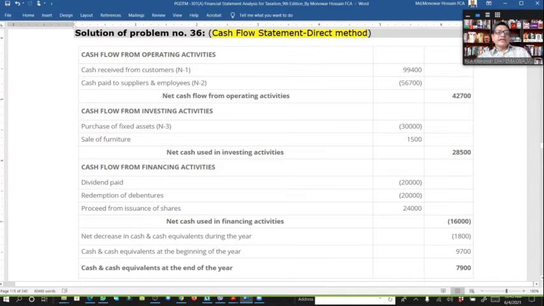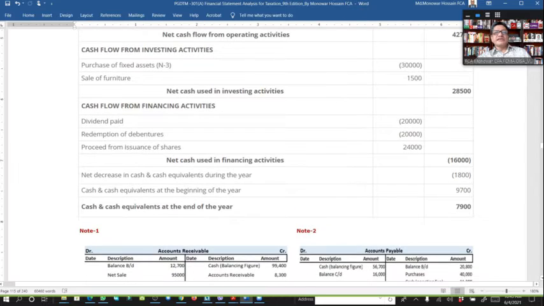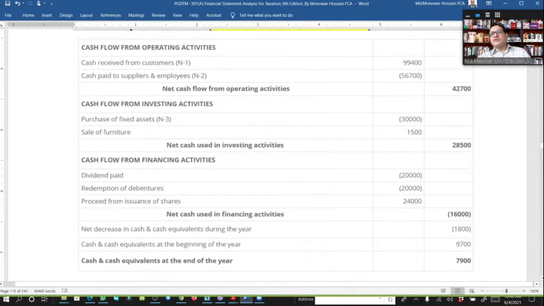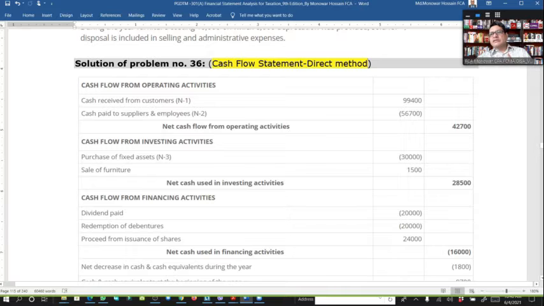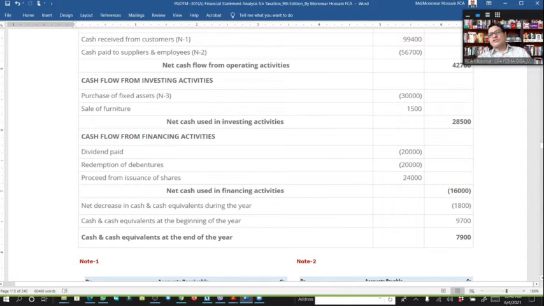And the cash flow from financing activity: dividend paid 20,000, redemption of debenture 20,000, and proceeds from issue of shares, so total negative 16,000. So 42,700 is positive, 28,500 is negative, and this 16,000 is also negative.